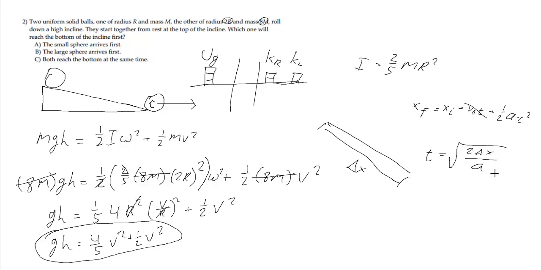And since our a here, we could figure out the a based on the initial and final velocities. And if they have the same velocity when they reach the bottom, their acceleration was the same because they reached that velocity in the same distance. So the correct answer here is they both reach the bottom at the same time.